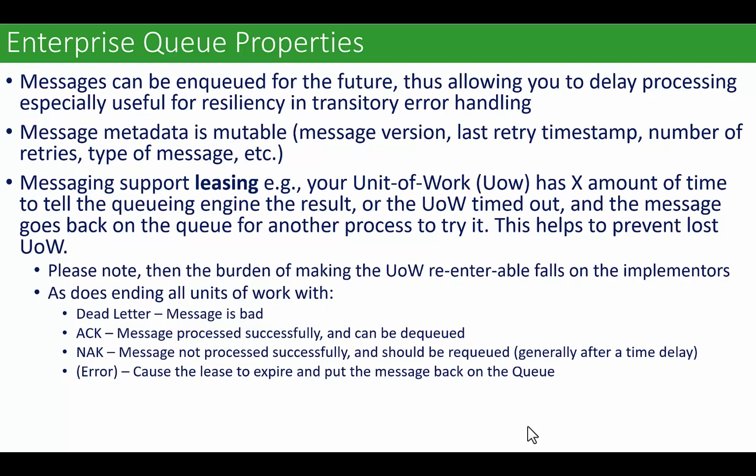And then if your unit of work completely locks up, it vapor locks, or it just stops, it goes off in la-la land, adding leasing puts the safeguard back that unless you ack, nack, or dead letter that message explicitly in code, it'll go back on the queue to have someone else process it.